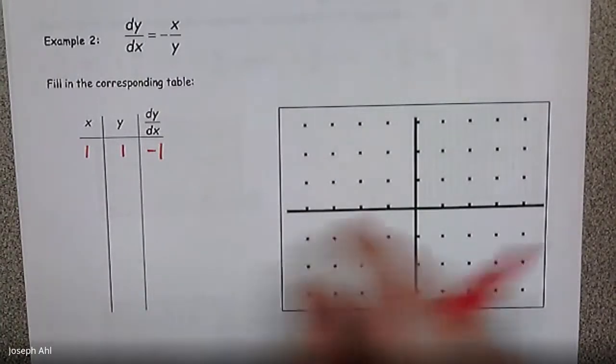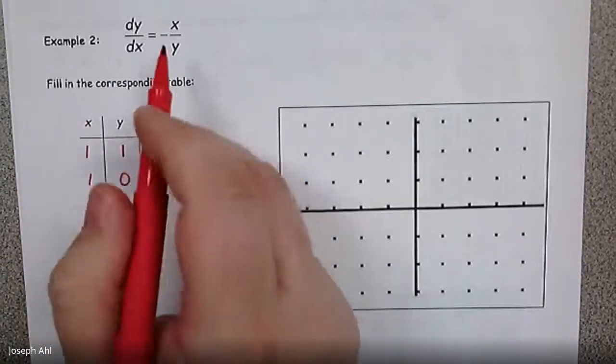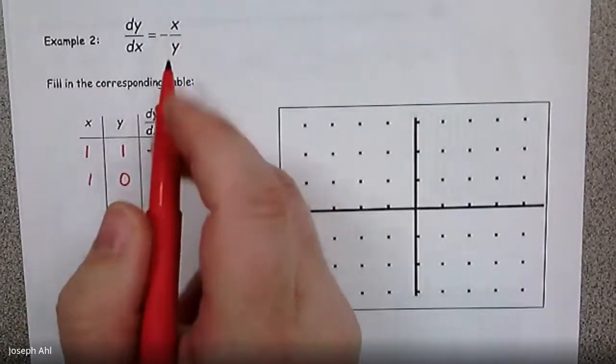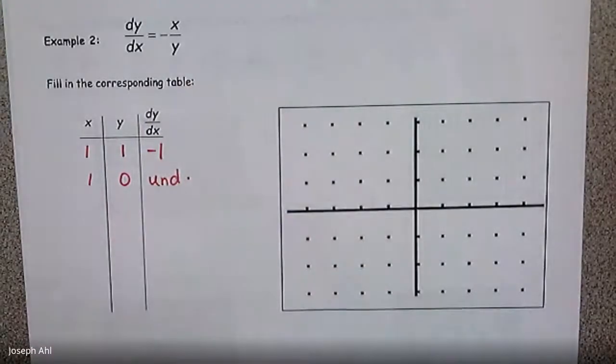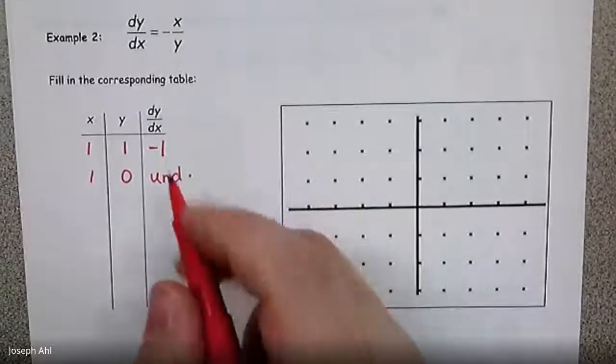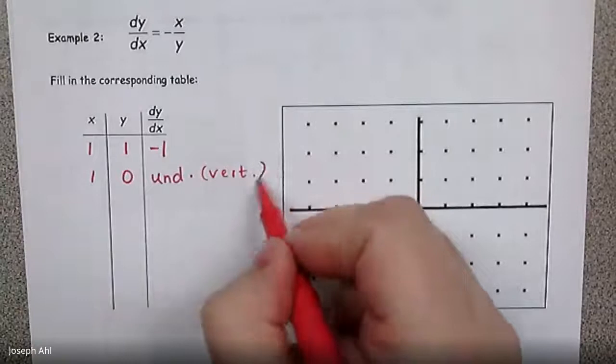Okay. Let's say if I move down for a second, what about (1, 0)? So at (1, 0), what's going to happen is you're going to get -1 over 0, which is undefined. Now we know what that means though in context, don't we? We know that when the slope is undefined, that's going to represent a vertical line.